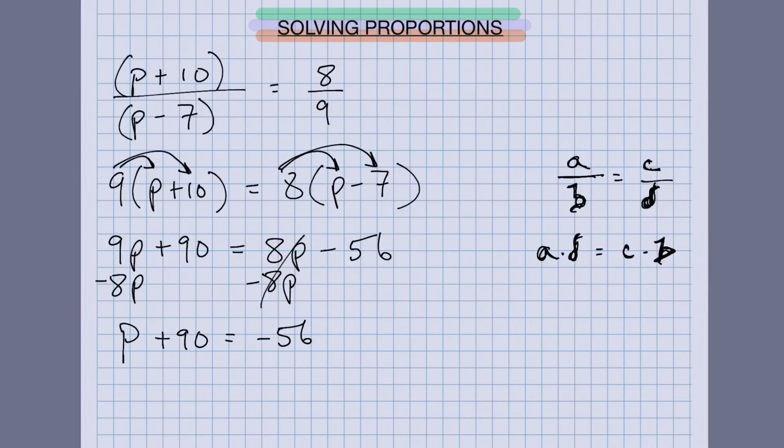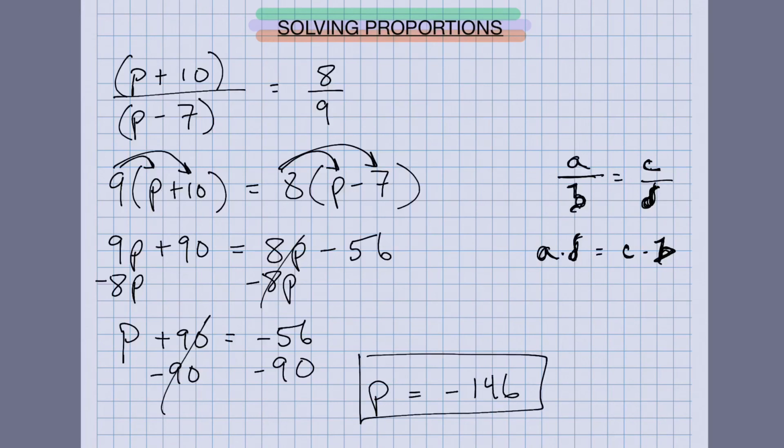Okay, now we need to subtract 90 from both sides. And what we're left with is p equals negative 146. Okay, negative 56 minus 90 is negative 146. When I cross these out, all we're left with on the left side is just p. Okay, p equals negative 146.